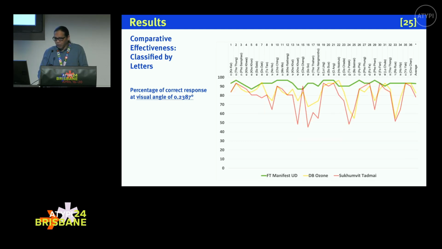And the last result is at a visual angle of 0.2387 degree. The results show the same as the last result. So most results of FT Manifest are higher than DB Ozone and Sukhumvit Tadmai.